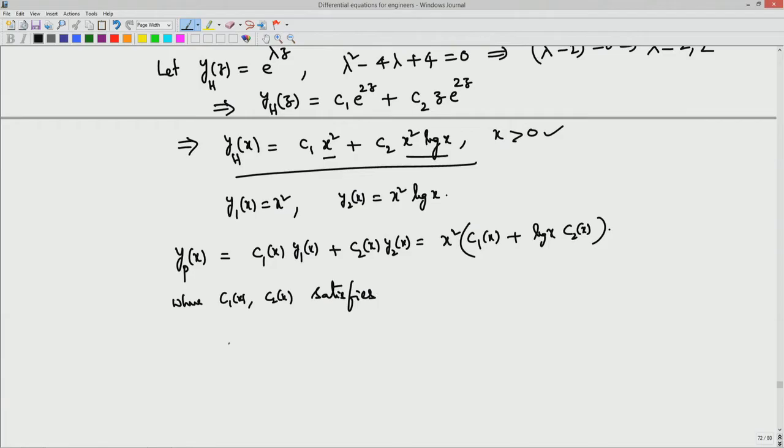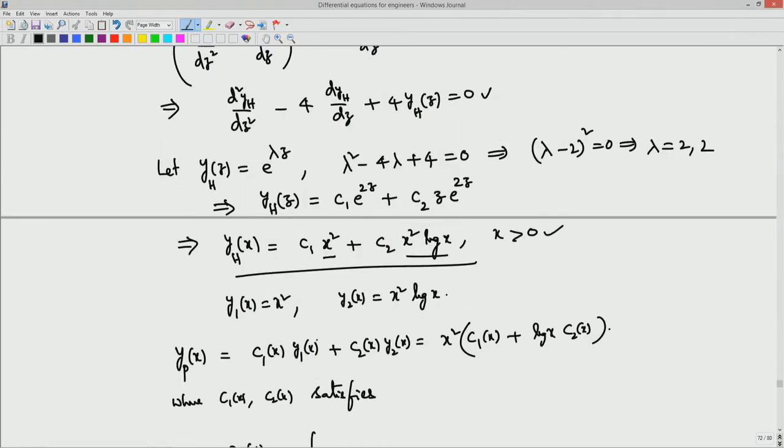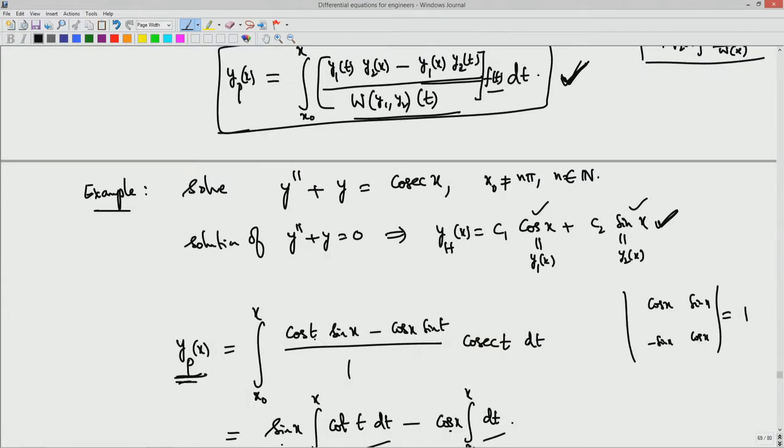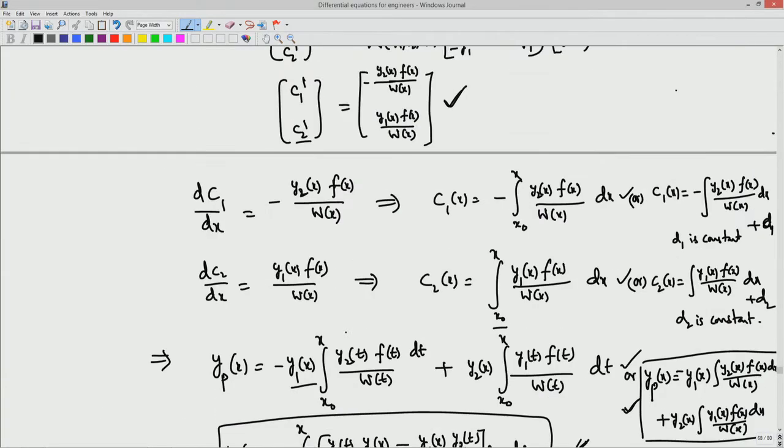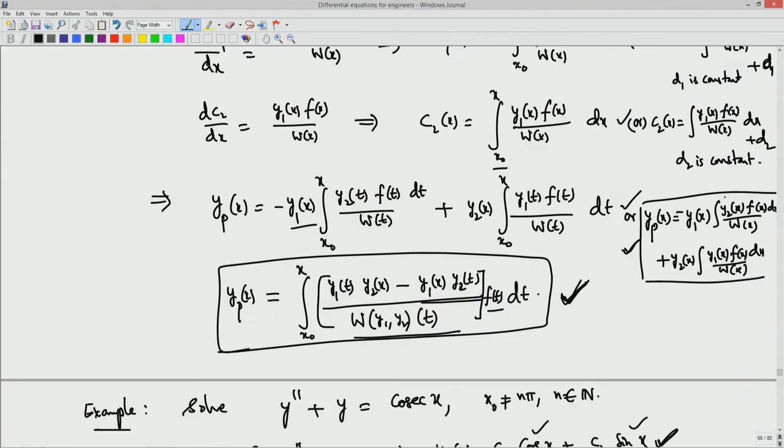We know c1 of x is minus the integral of y2 f of x by W of x.